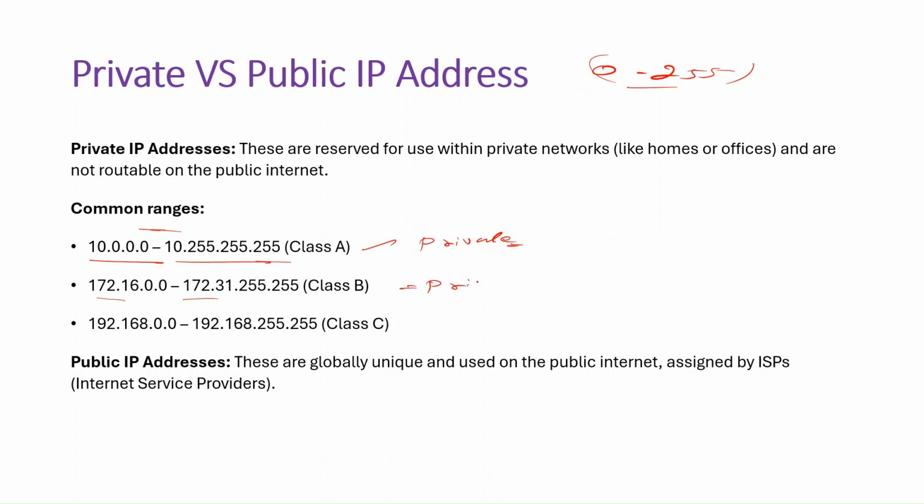For class C, the range is 192.168.0.0 to 192.168.255.255. The rest of the ranges are used for public communication, as public routable IP addresses.